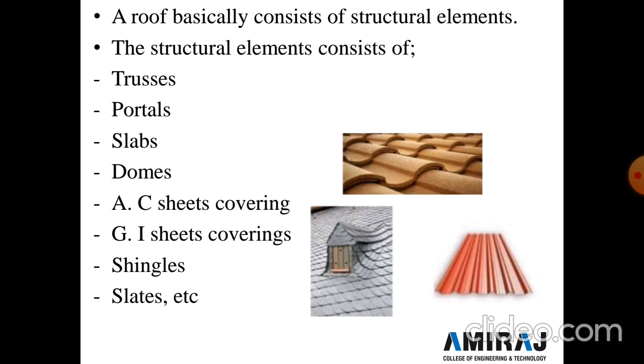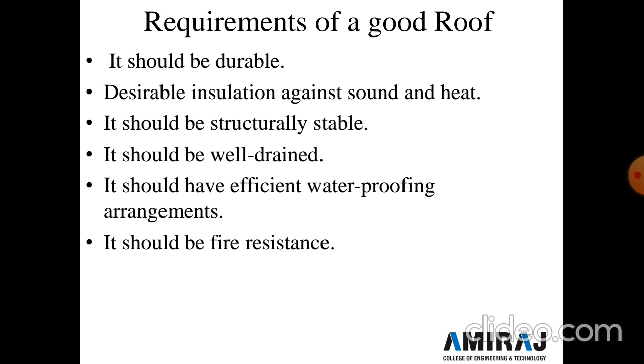Now we discuss the requirements of a good roof. Some of the requirements to construct a good roof: it should be durable against the adverse effects of various agencies such as wind, sun and rain. It should provide desirable insulation against sound and heat.